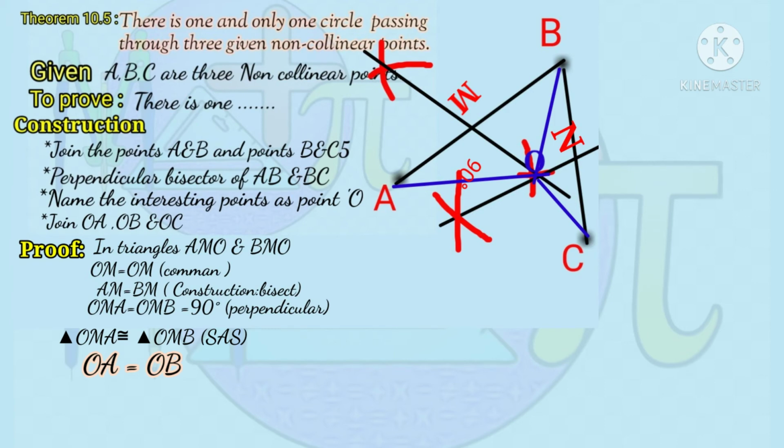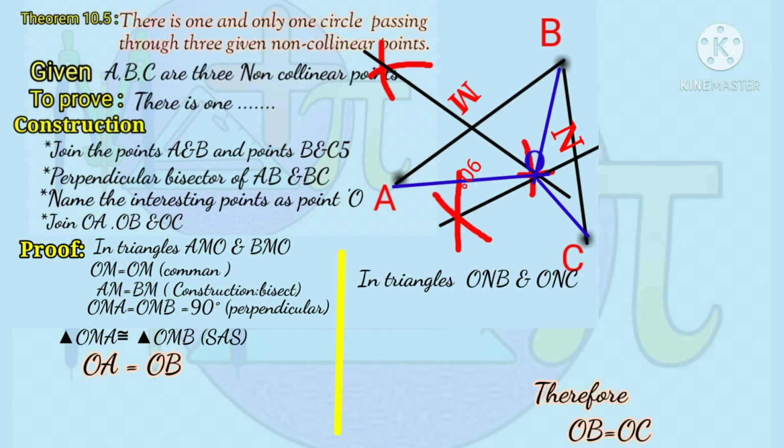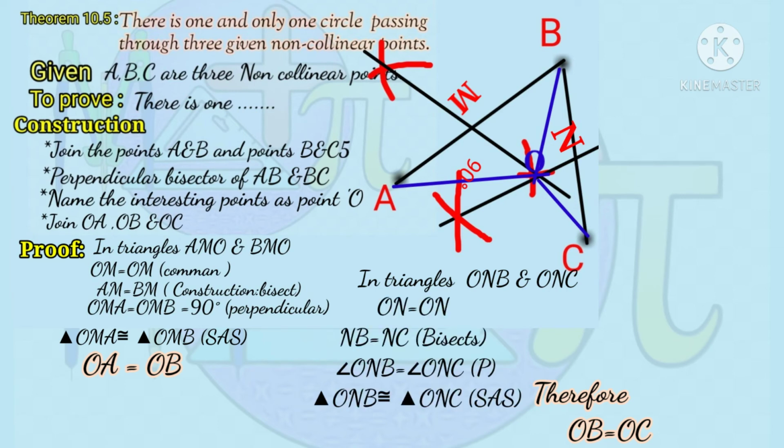Now let's apply this process to triangles ONB and ONC. By SAS, these triangles are also congruent, so we can say that OB equals OC. Now we have proved that OA equals OB equals OC.